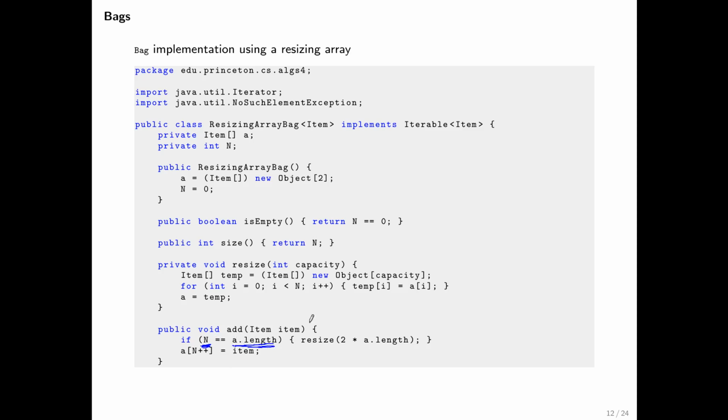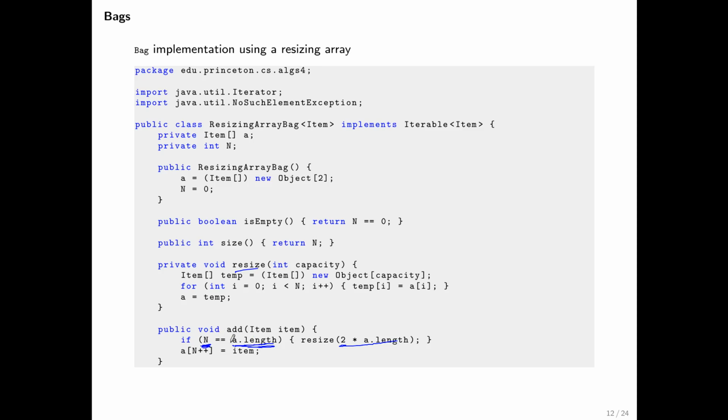So if these two match, that means there is no room in the array. Right? So in that case, you have to resize the array, and the way you do that is by calling this method with an argument that is twice the current capacity. So initially A had a size of 2, so the first call to resize would be with a capacity of 4, and then the next time around resize is called with the capacity 8, and then 16 and 32 and so on.